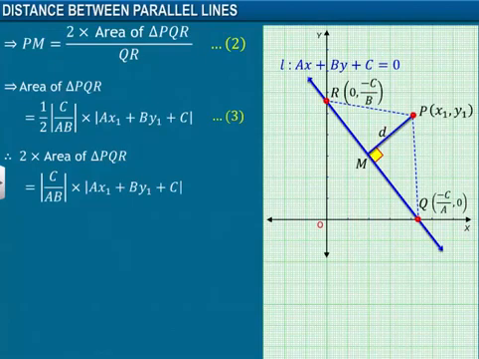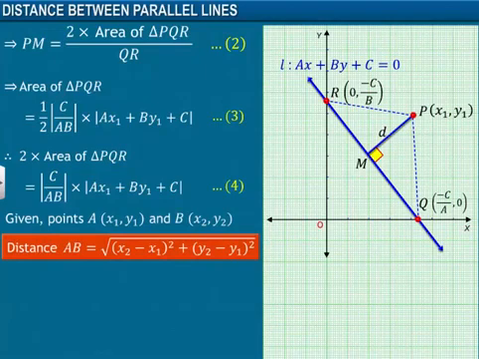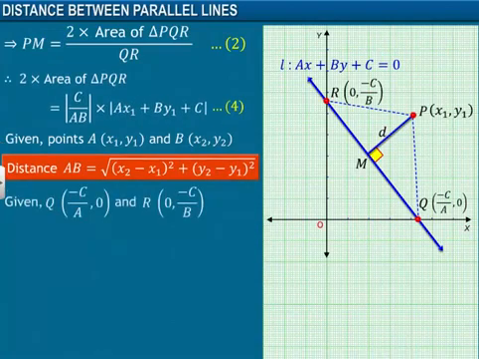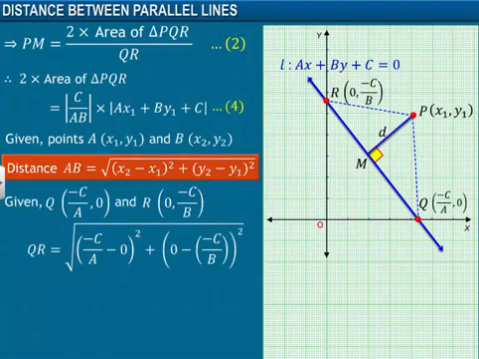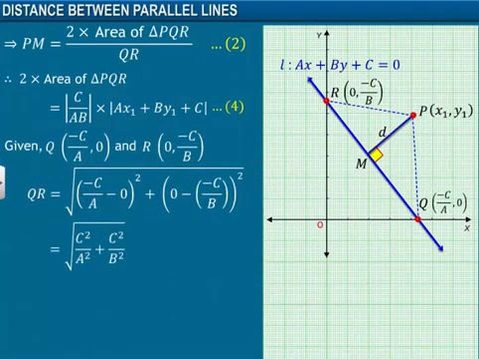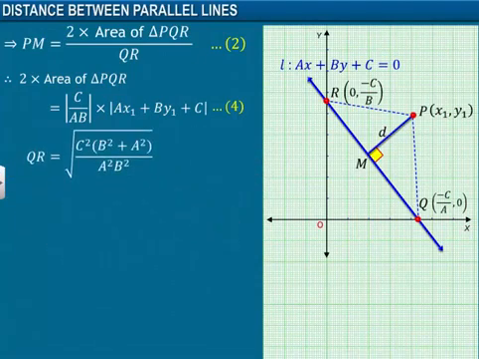Now recall the formula for the distance between two given points. Substituting the coordinates of Q and R in the distance formula and simplifying, we get the value of QR as modulus of C/AB into under root A square plus B square. Let this be equation 5.